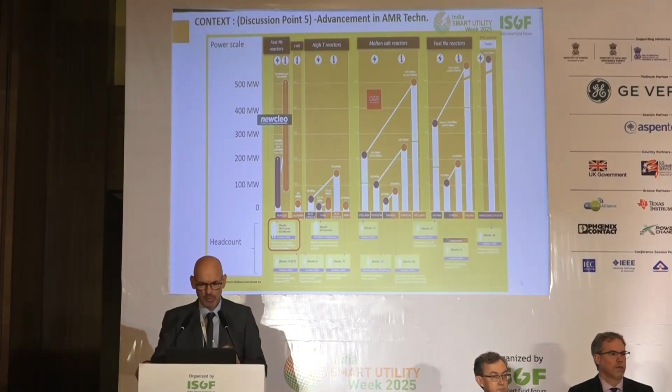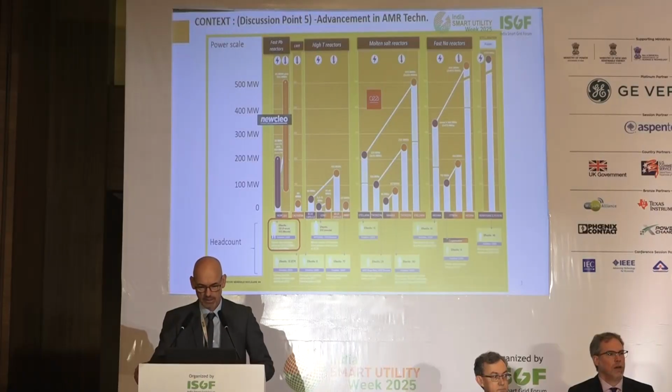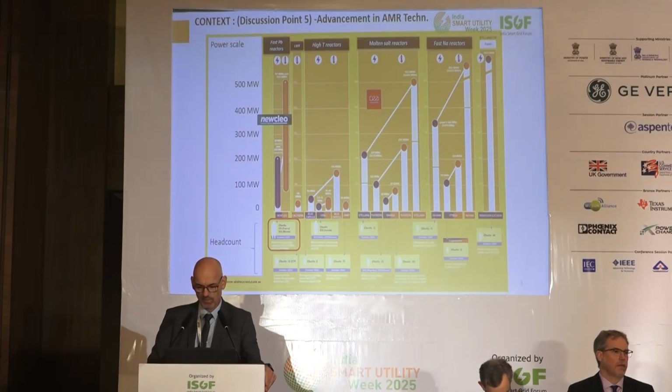Another important piece of information: you see the purple color, this is the electricity power scale output. The red color is the heat power to be produced with these reactors. So for light water reactor, it's a small power project.